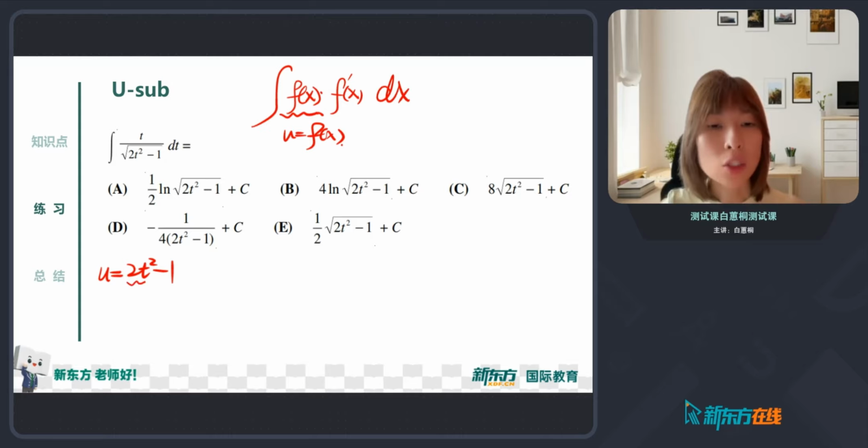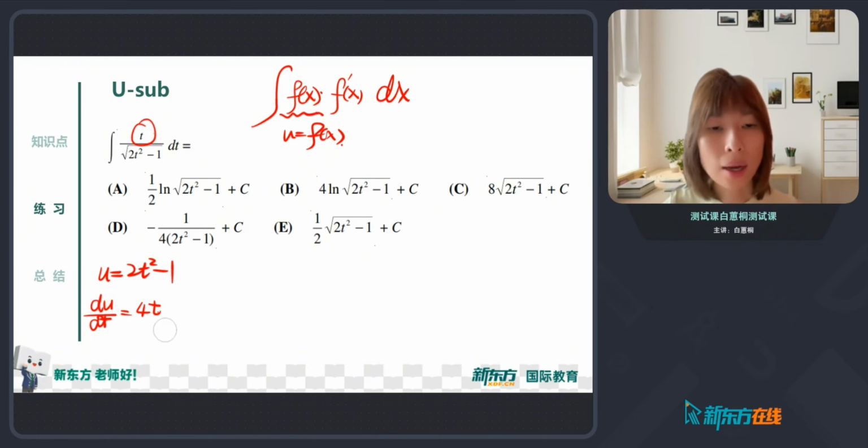We have to treat 2t squared minus 1 as the original function, because when you differentiate that, du over dt is going to be 4t, right? So 4t is 4 times t, right? So t can be replaced easily. So that's why we set u equal to 2t squared minus 1, right?